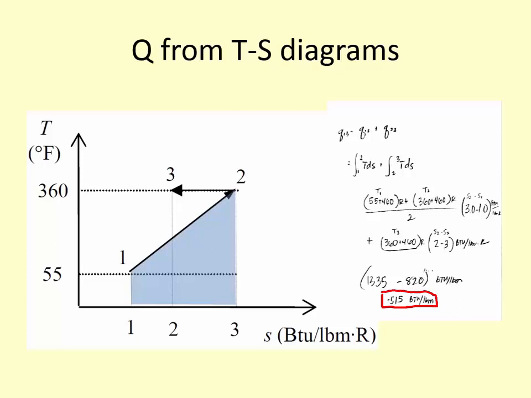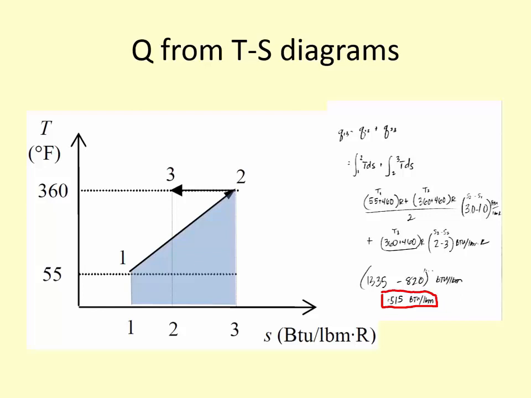So the area of part 1 would be 55 plus 460 to convert to Rankine, plus 360 plus 460, again converting to Rankine. So this is T1 plus T2 over 2 multiplied by that delta S from 1 to 2, which is 3.0 minus 1.0 BTUs per pound mass Rankine.